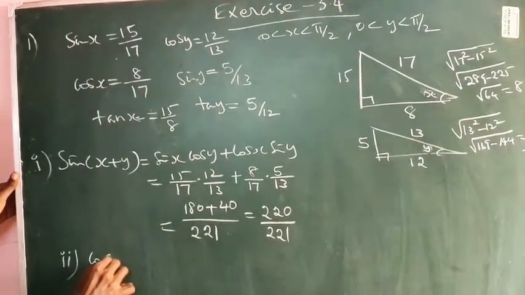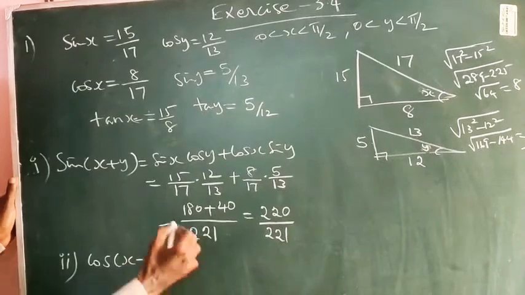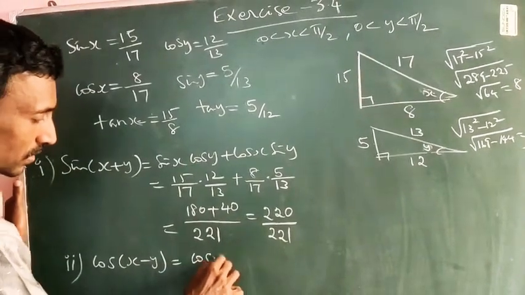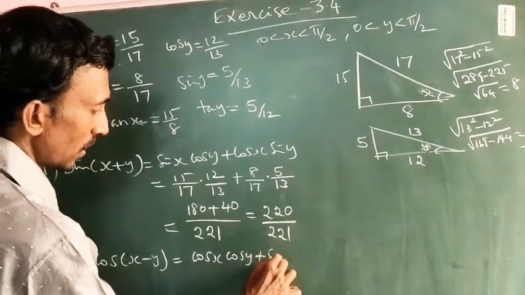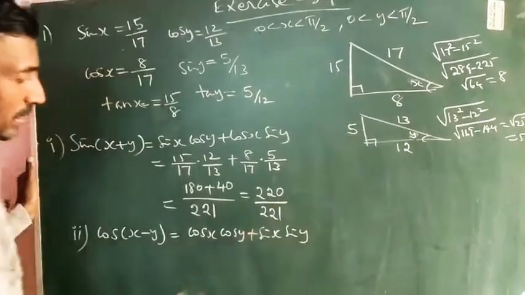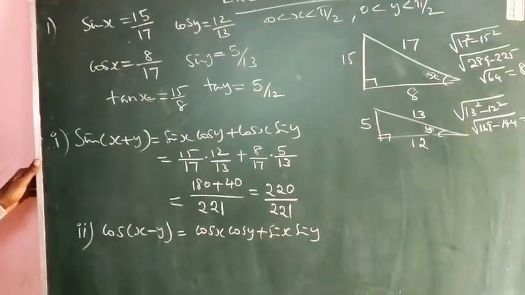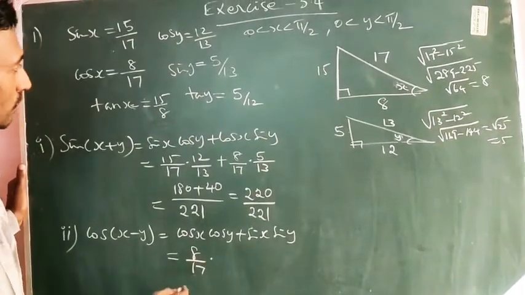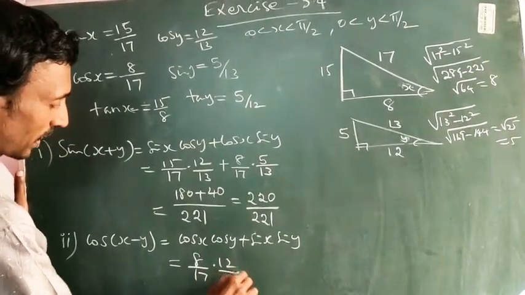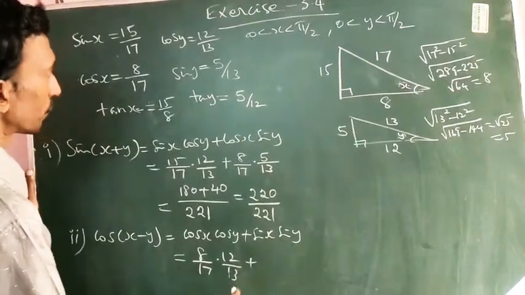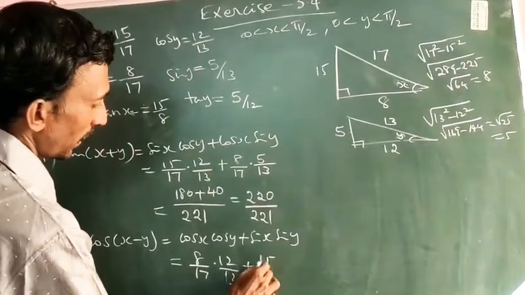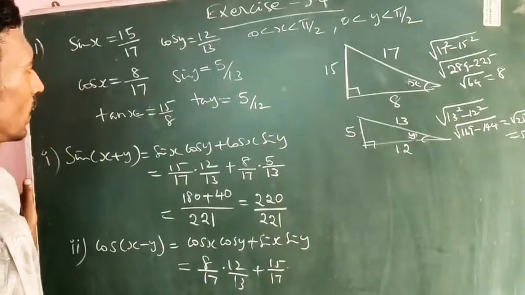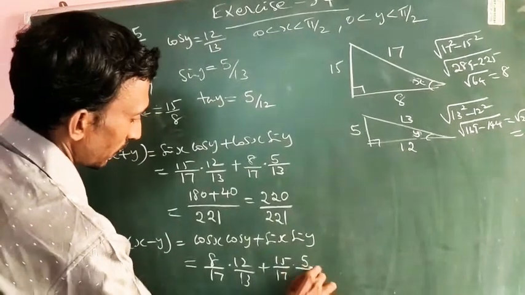Second subdivision, cos(x-y). So what is the identity? cos x cos y plus sin x sin y. That is the identity in the difference form. So cos x value 8 by 17 into cos y 12 by 13 plus sin x 15 by 17 into sin y 5 by 13.